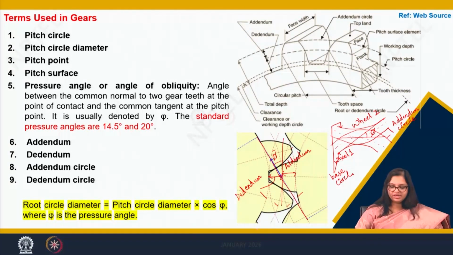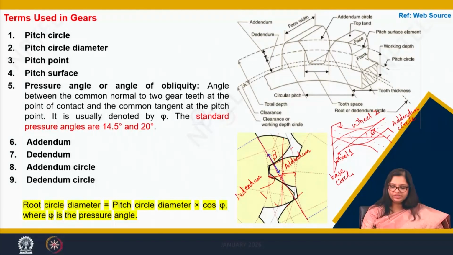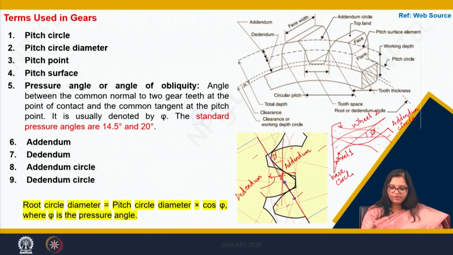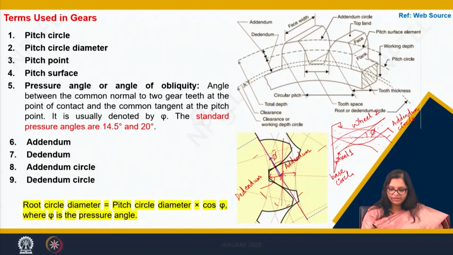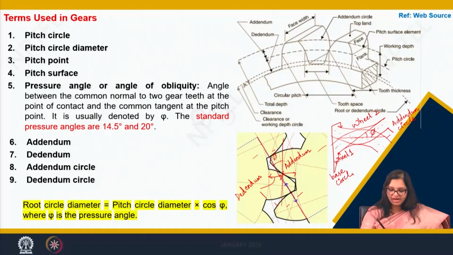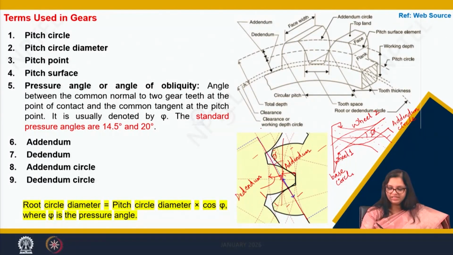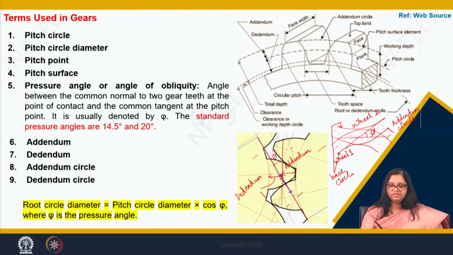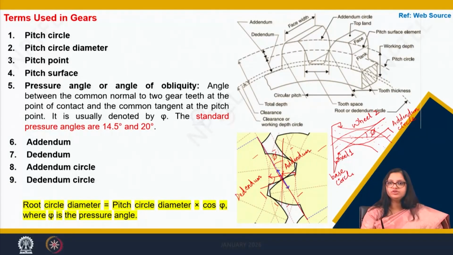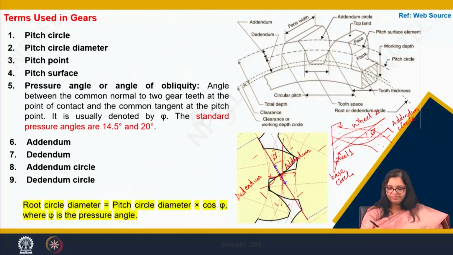So, one thing we must understand, you can see there are two wheels. One wheel is this, the other wheel is this. Now, one wheel's teeth are getting meshed with the teeth of the other wheel. So, when this tooth is meshing with the other wheel's tooth, they are moving in one line, on the tangent line that is drawn to the base circle of these two wheels.